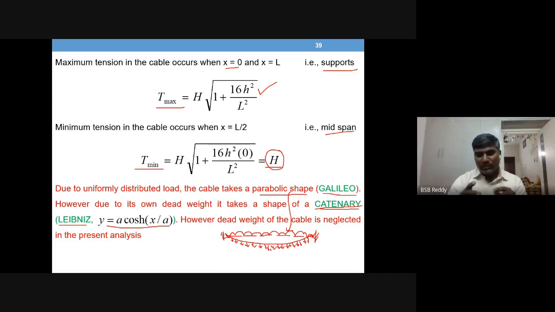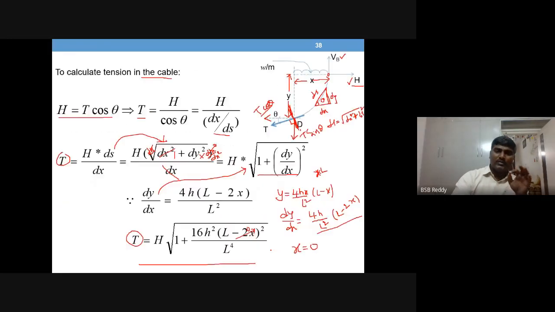So for UDL acting along a horizontal line, the deflected shape of the cable is a parabola. For UDL acting along the cable line, the deflected shape of the cable is a catenary. Okay, right? So this is the complete information regarding cables subjected to uniformly distributed loads.